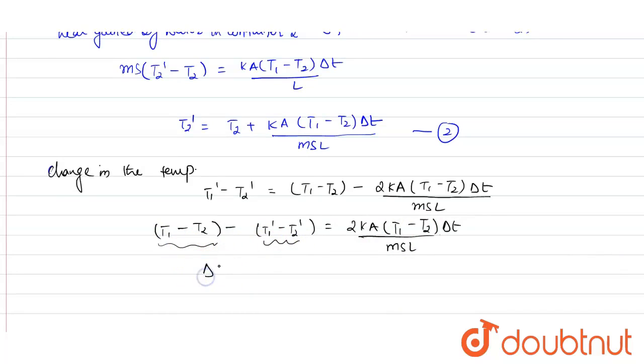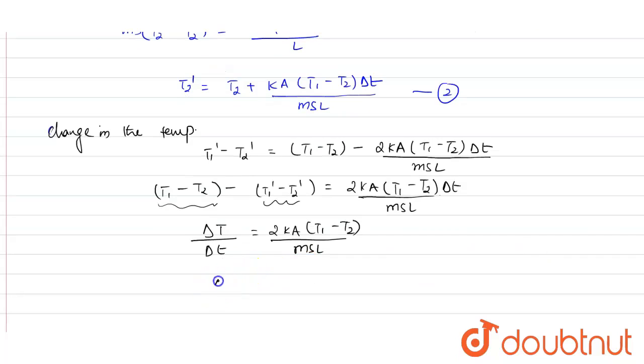So dividing by delta t gives the rate of change of the temperature difference from initial to final, which comes as 2 K A (T1 minus T2) upon m s L.